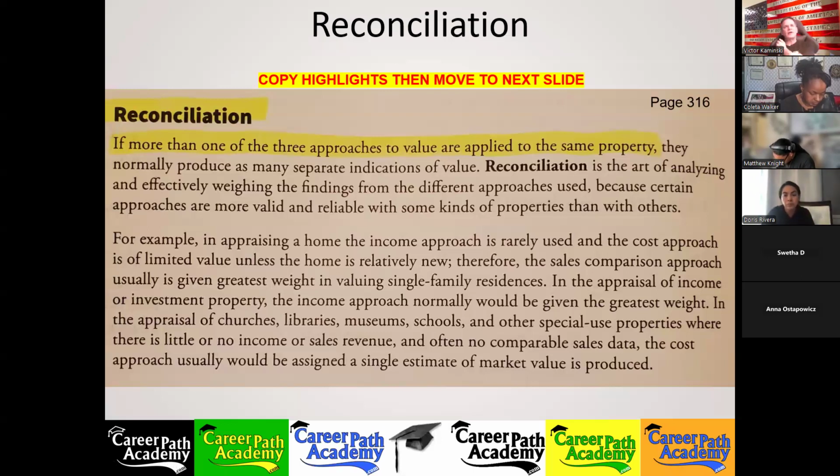So which approach to value are you most likely to use in determining the value of a one-family house? What are the three approaches to value?